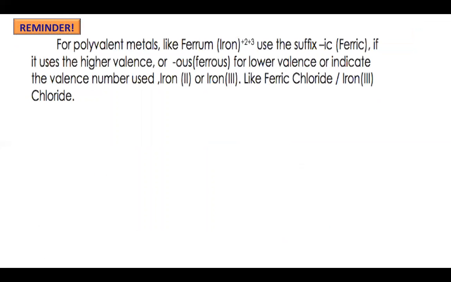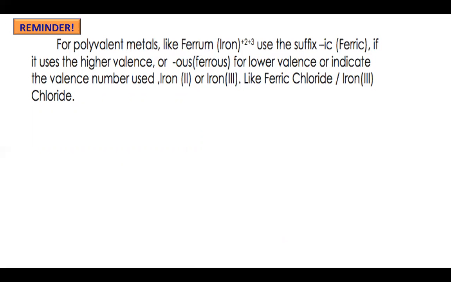Reminder, the polyvalent metals like ferrum or your iron, kasi ang mga metals kasi, magkaiba-iba ng charges. So kung minsan naalala ninyo sa junior high school, minsan lang iron may iron 2 or may Fe2, may Fe3, may Cu2, may Cu3, copper 2, copper 3.